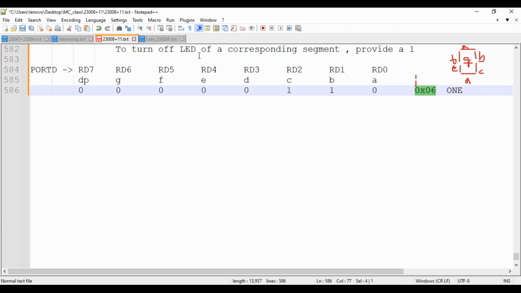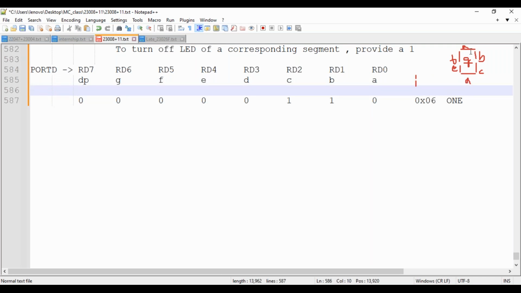So port D provided with 0x06 will display 1. And on which SSD, you have to decide. Depending on your requirement, on which SSD you want to display 1, you can turn on the corresponding SSD. So to display 1 on any of the given SSDs, port D has to be written with the value 0x06. Correct? Now please tell me what it is for 0?